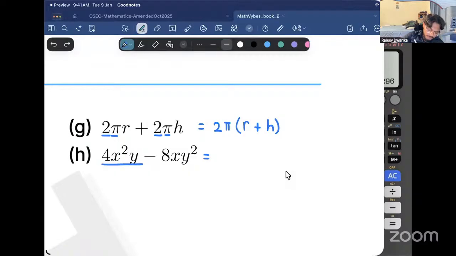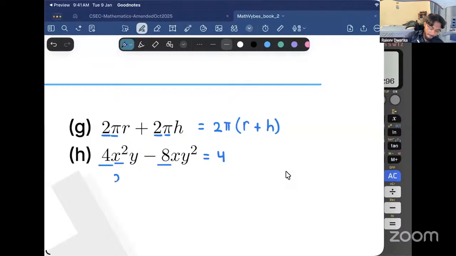Right, let's move on to this one, Neela. What are you seeing in common? We should start off with the numbers. Always start off with the numbers, right? 4 and 8. What's the greatest common factor between 4 and 8? 4, sir. Right. And then we're looking at the x squared now. What's x squared?